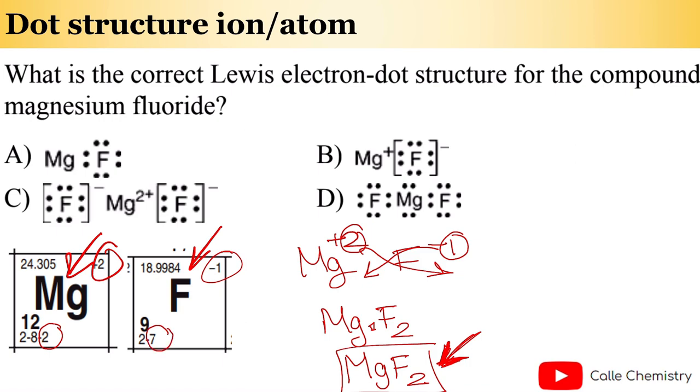So I'm going to write it over here. Magnesium has 2 valence electrons, so 2 dots around it, and fluorine has 7 dots around it. Now we both know that all of these are trying to have an octet, meaning that they want 8 electrons.